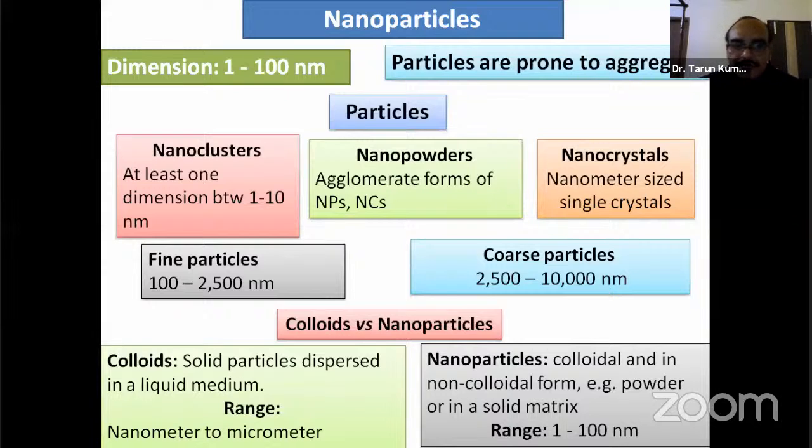Colloid particles are in the nanometer to micrometer range, but nanoparticles are generally considered to be in the range of 1 to 100 nanometer. Okay. So these are the different natures of the nanomaterials that you can get when you are developing some nanomaterials.